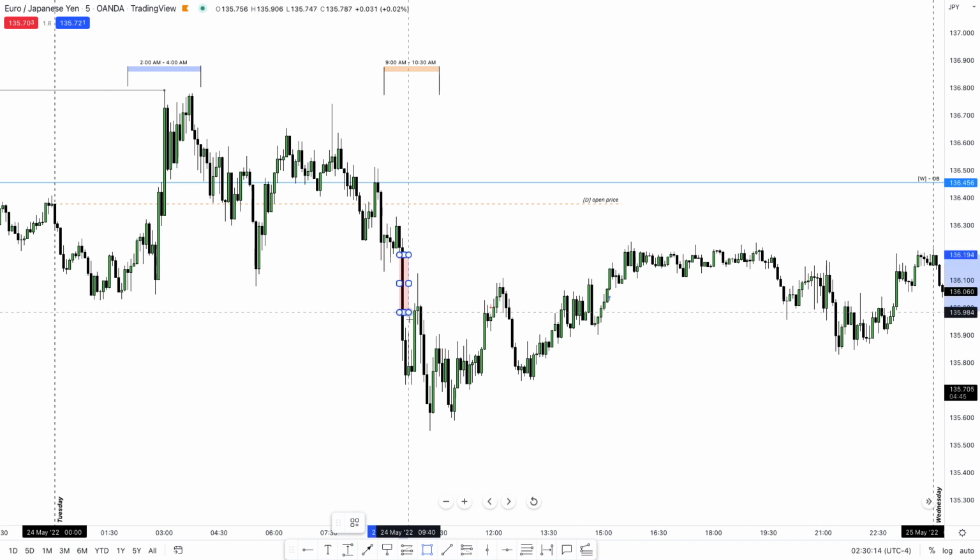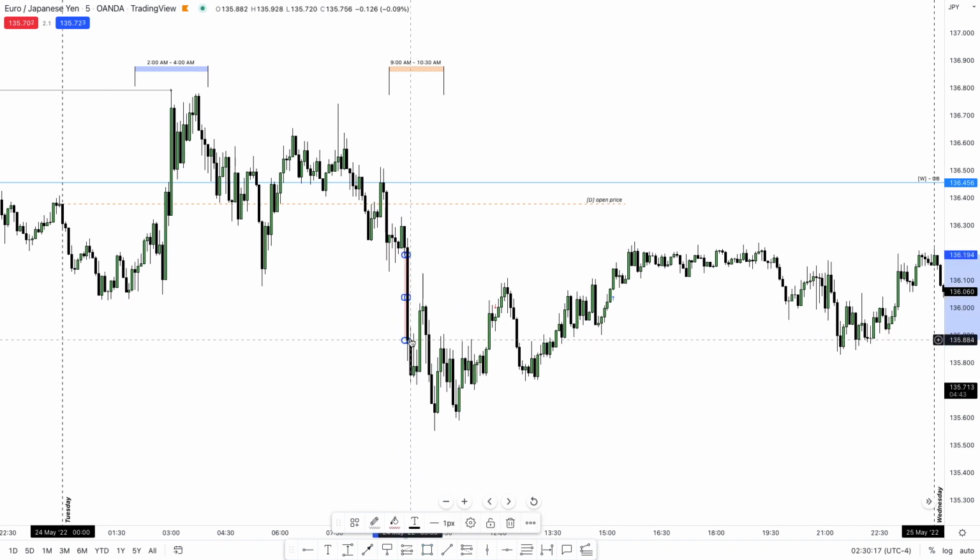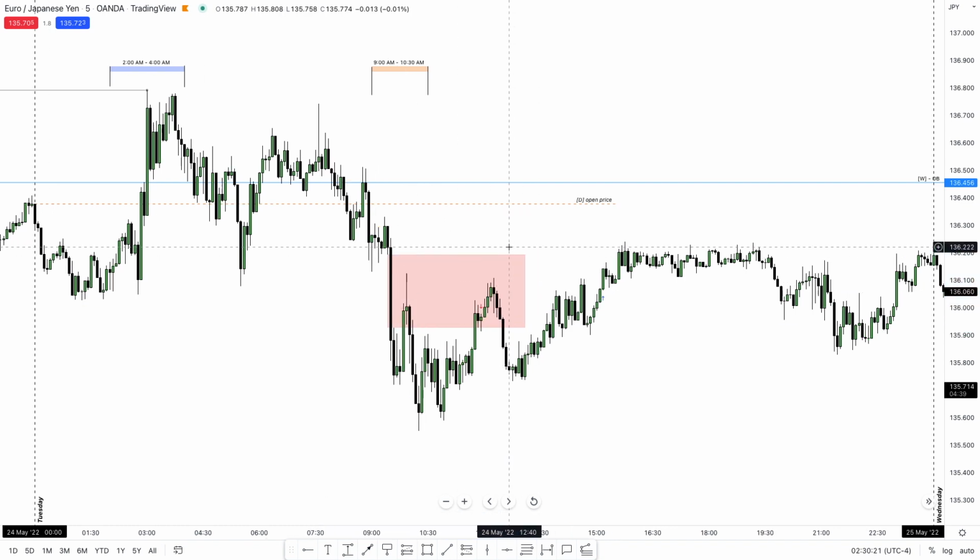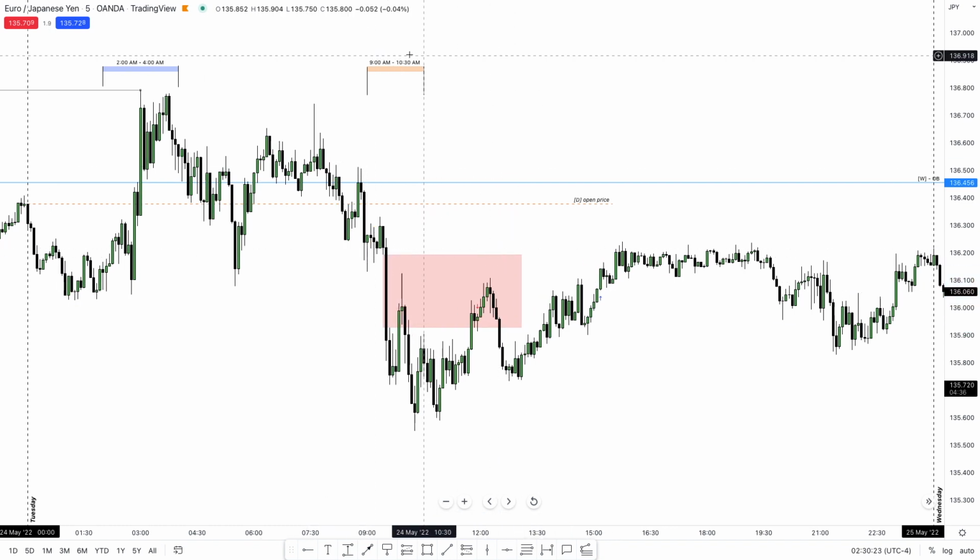So we got this fair value gap here. Okay, and as I said, I'm only looking to enter between 9 a.m. and 10:30 a.m. Okay, so price created this fair value gap, traded back up into the fair value gap at 9:55.